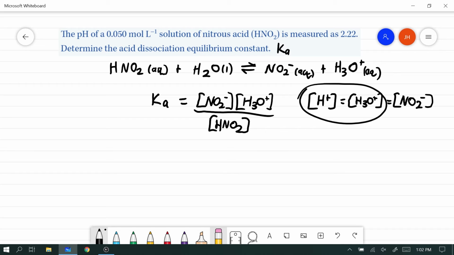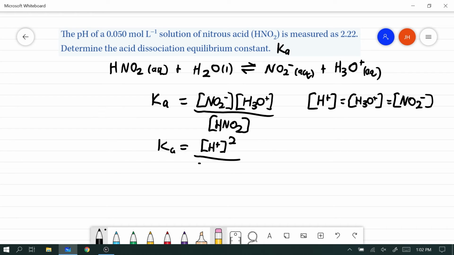We also know that these two are essentially interchangeable and mean roughly the same thing. This value is going to be attainable through calculations from pH. So knowing all that, we can simplify our equation a little bit further and say that the Ka really is the concentration of the hydrogen ions, which we're about to find from the pH, all squared, divided by the concentration of our nitrous acid.